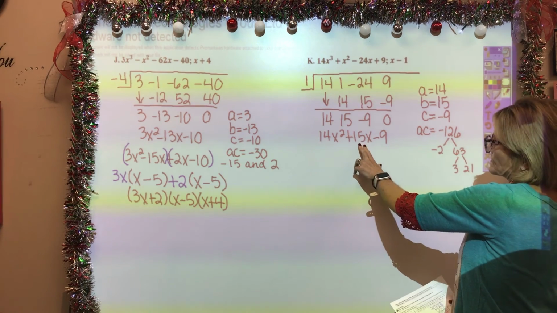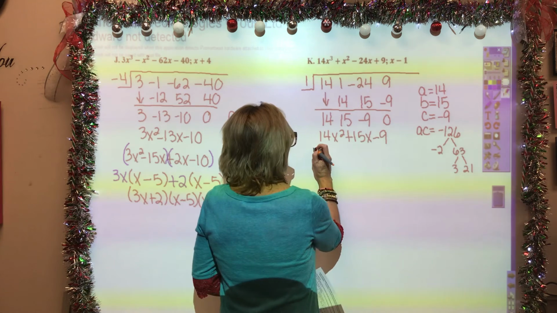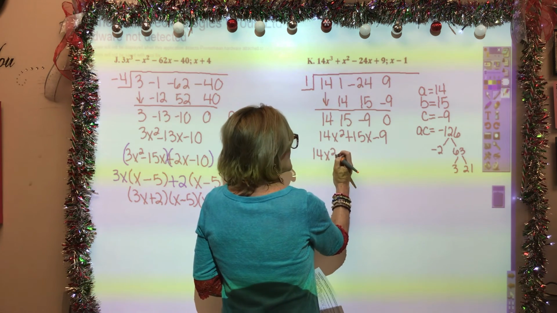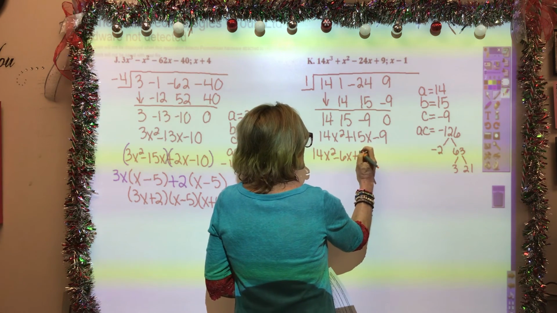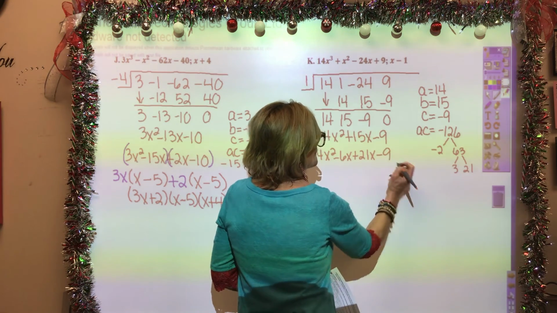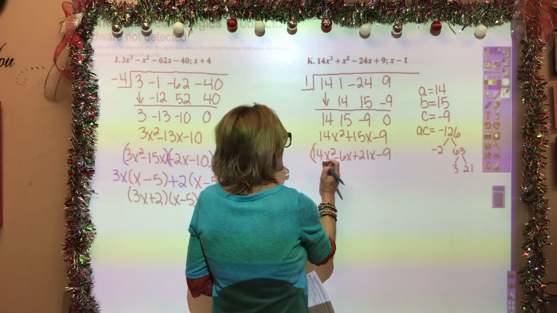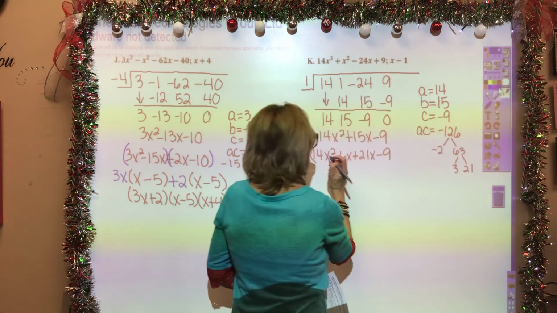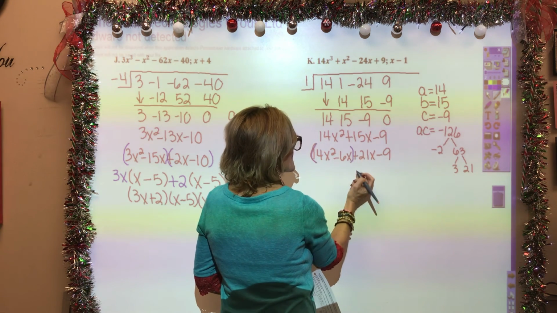in the middle in place of the 15x. So I'm going to have 14x squared minus 6x plus 21x minus 9. I'm going to pair the 14x squared and the minus 6x.